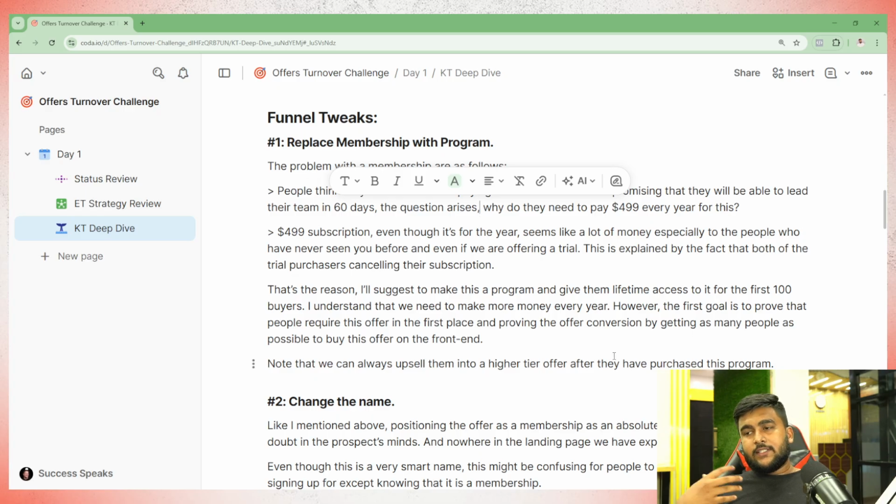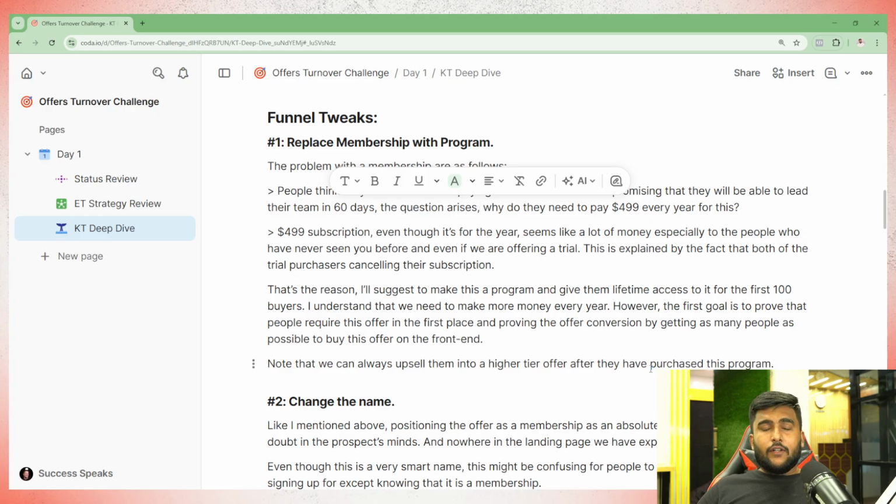The reason I wanted to give people lifetime access for this particular program was first to prove that our offer is converting and people actually need it and find it valuable, right? If people think that our offer is valuable, they are going to continue paying for it, or they can buy something else from us in the future.